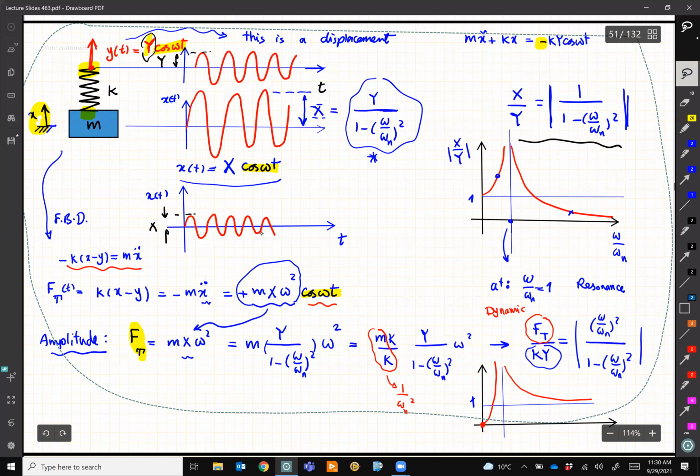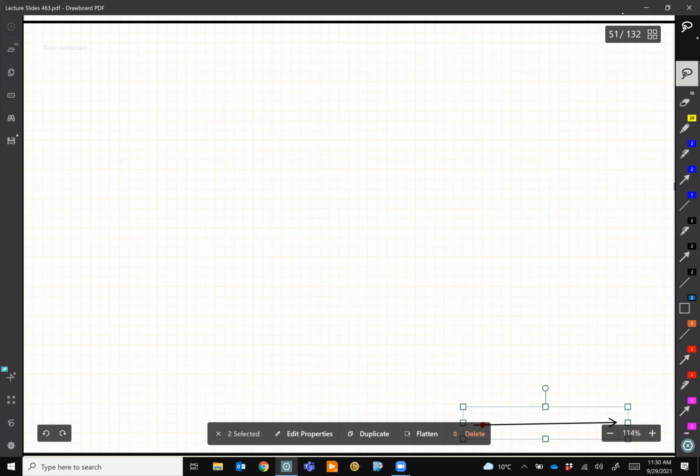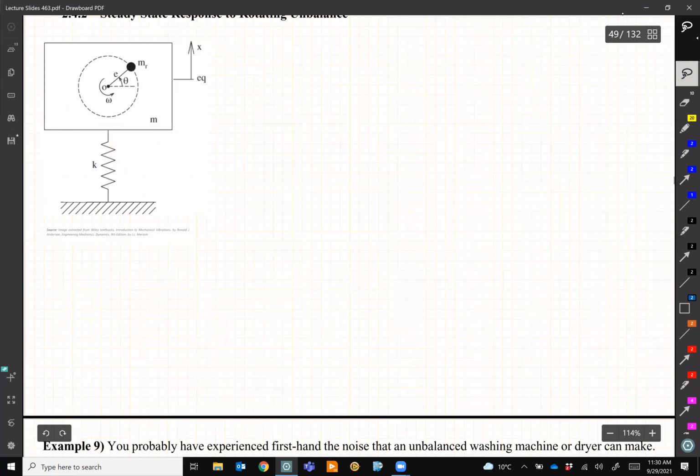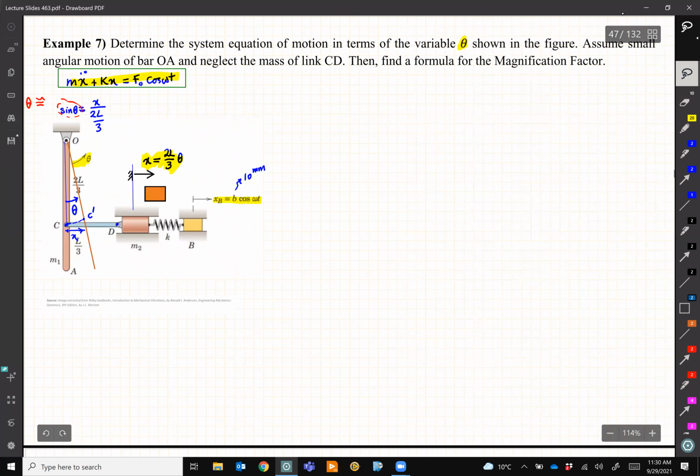I'm going to get rid of all of these. And we were here. Now we continue with example 7. All right, example 7, we talk about the mechanism. We have a pendulum, we have a link CD, which doesn't have any mass.